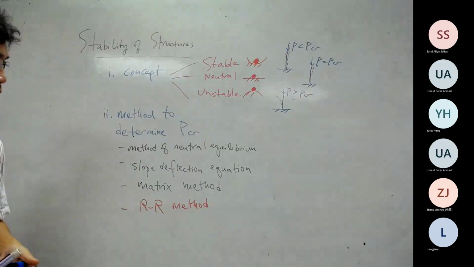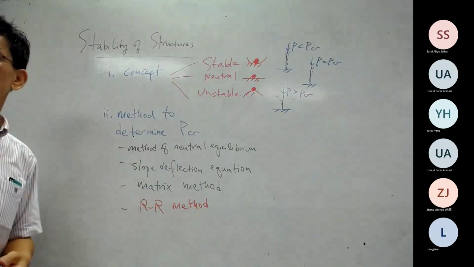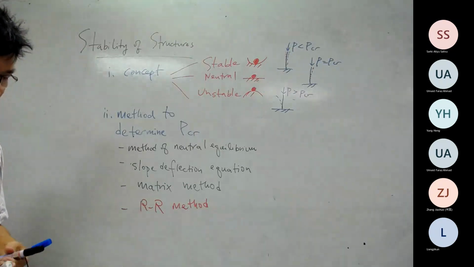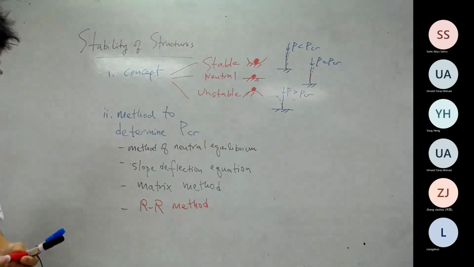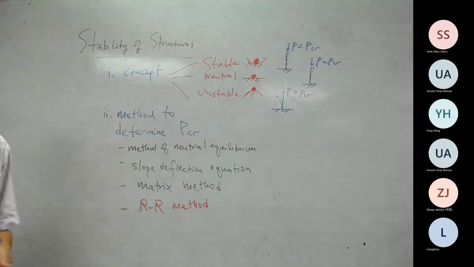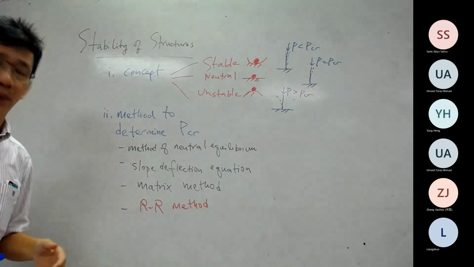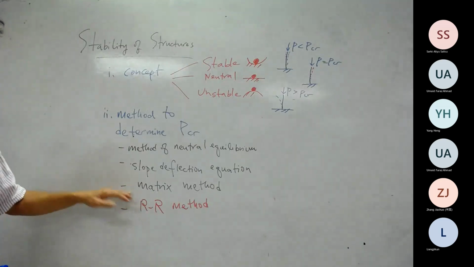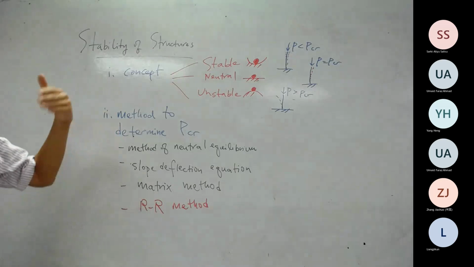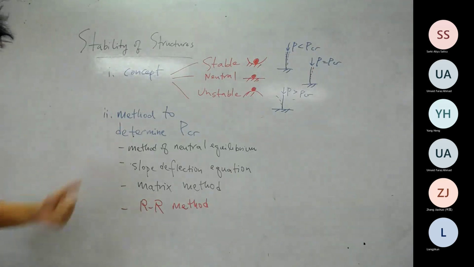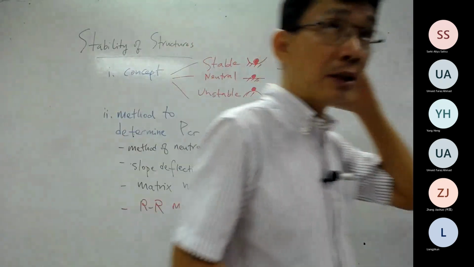For slope deflection equations, you are given the equations that you need to make use of. Then you form the equilibrium equation of the joint where the rotation is non-zero, solve for the non-trivial solutions, and from there you get the P critical.